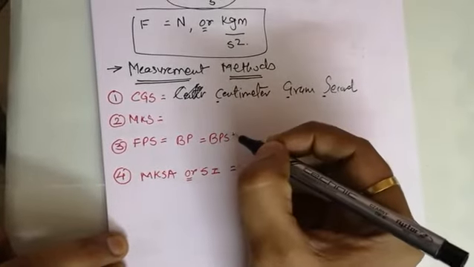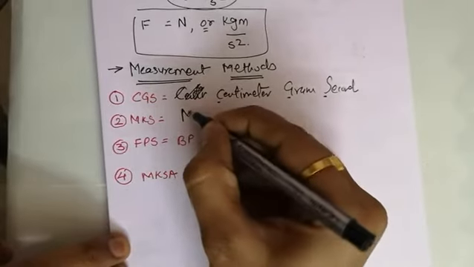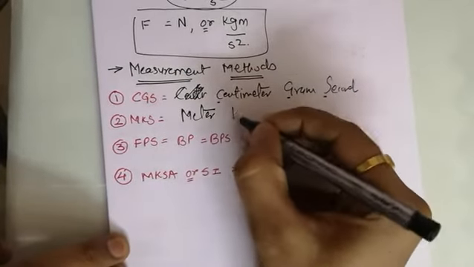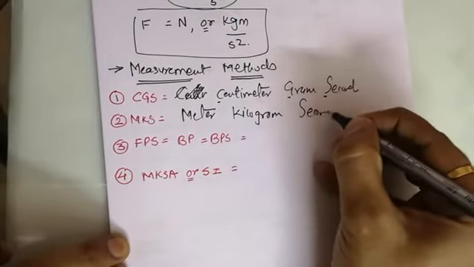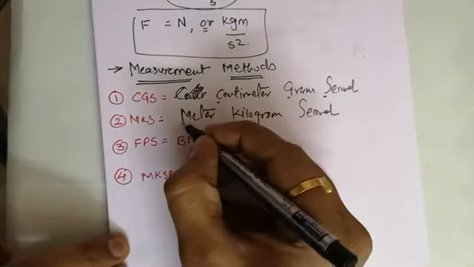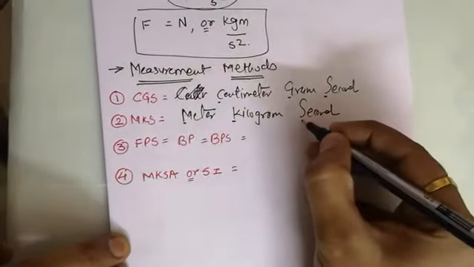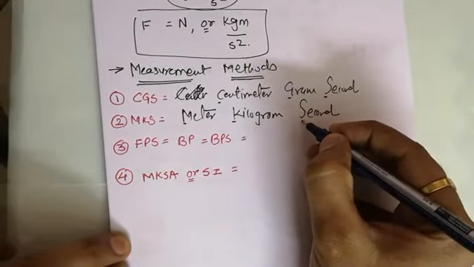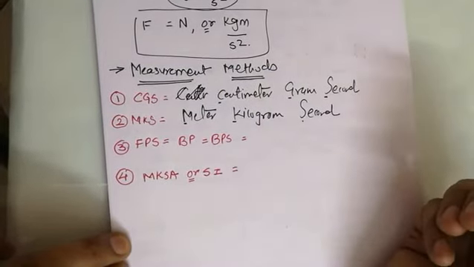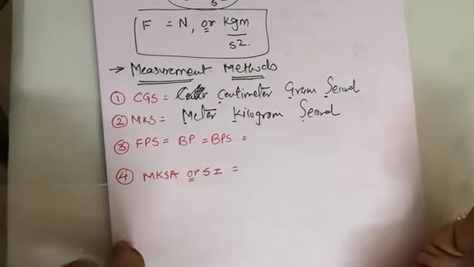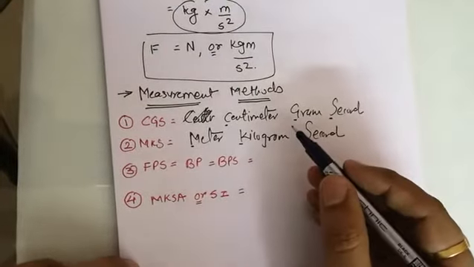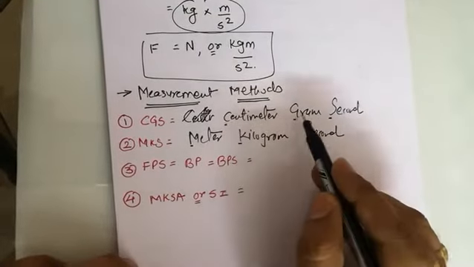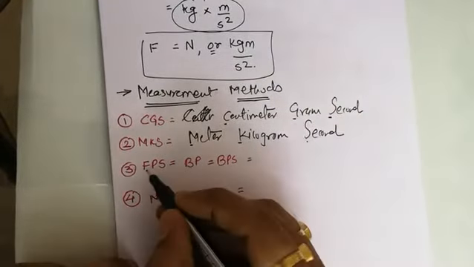MKS is the meter, kilogram and second method. As you are aware, meter is the unit of length, kilogram is the unit of mass, and second is the unit of time. The same holds for centimeter, gram and second: length, mass and time.